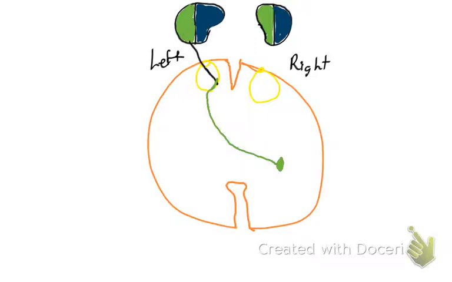Here it is going to join the other one, this green one that hit here. Then it's going to join and come out here, and then start to join here. Then it goes like this and comes to this area.